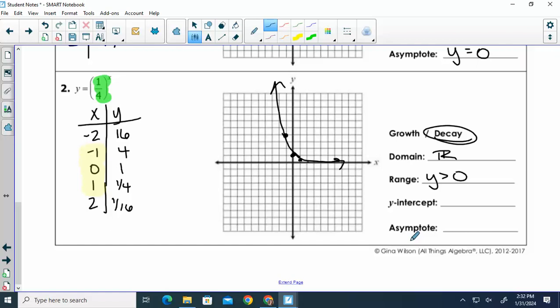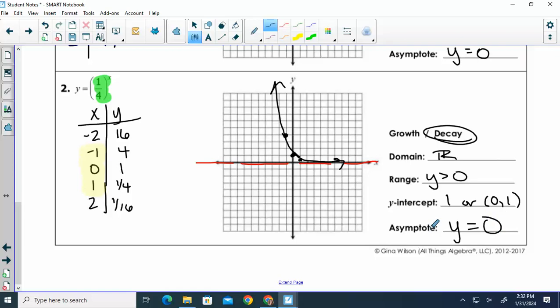At 1, same as the last one. Or if you want to do an ordered pair, it's (0, 1). All right, asymptote. Where is that line that we're getting close to? Same as the last one. What was it? Y equals 0.